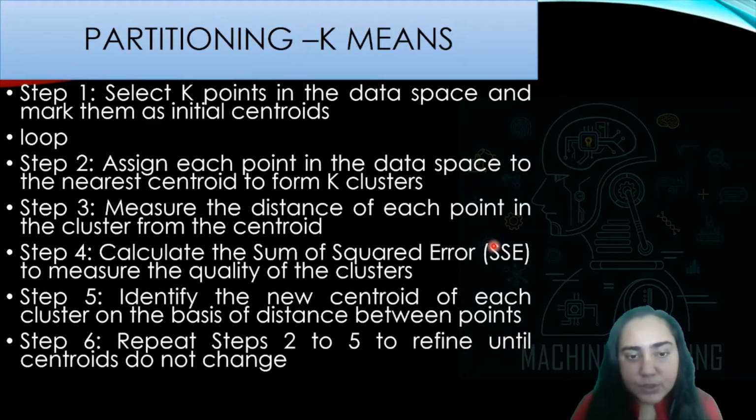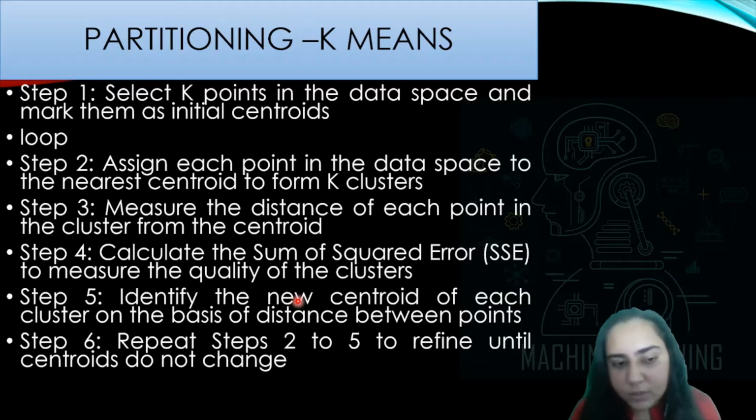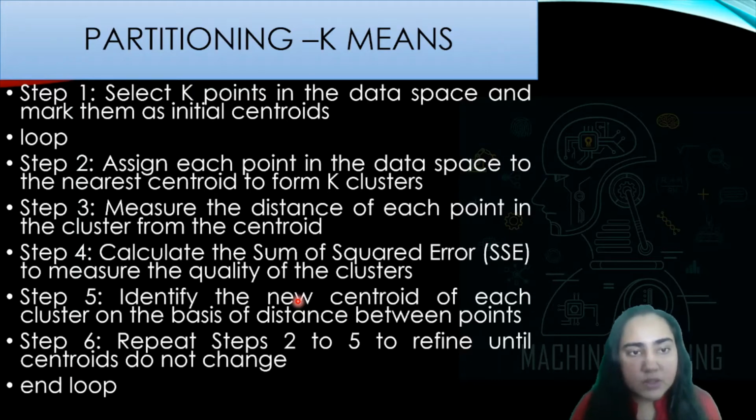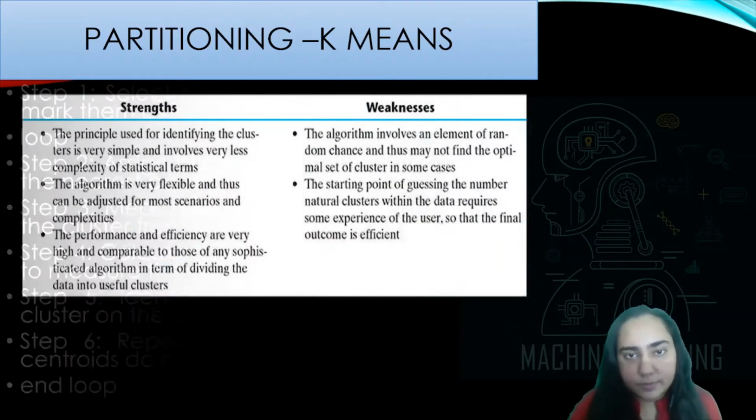Once you get new centroids, you apply all the steps from 2 to 5 again and get even newer centroids. You go on doing this till you stop getting any new centroids. That means you have reached the correct value of your centroids, so that's where the loop ends, and this is how the K-means algorithm works.